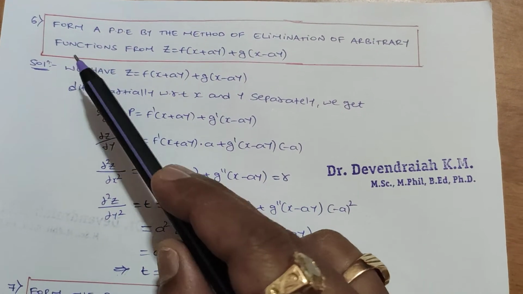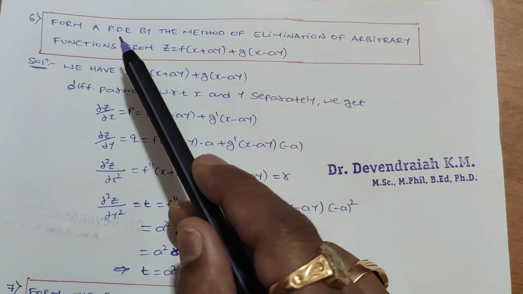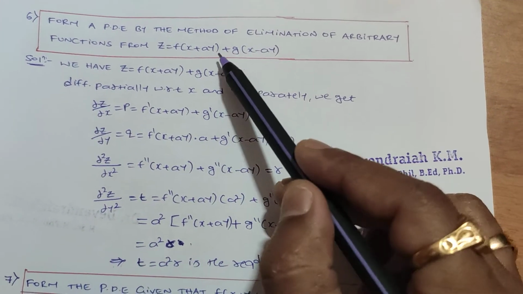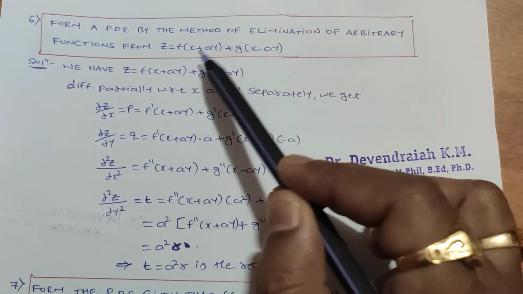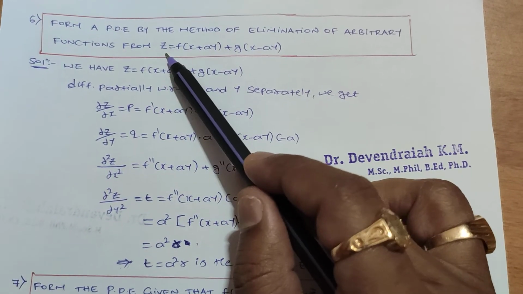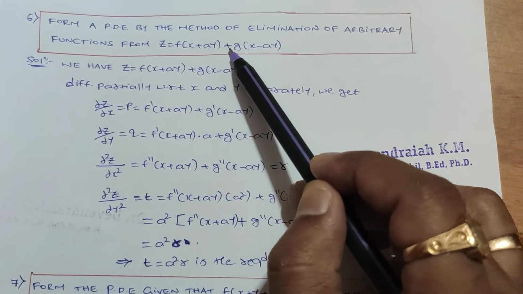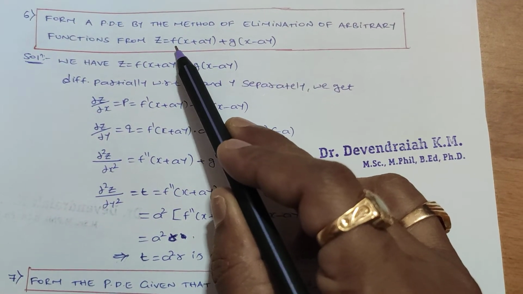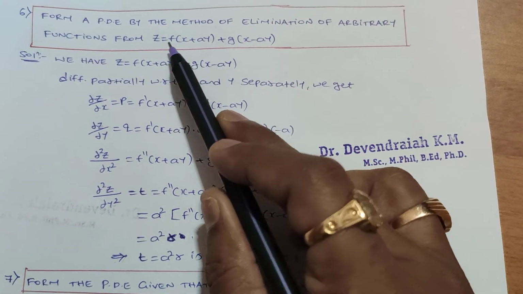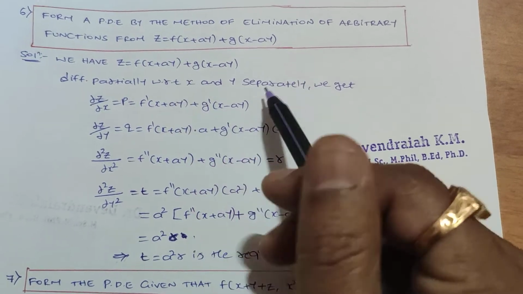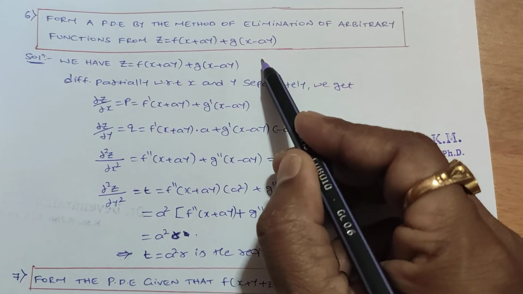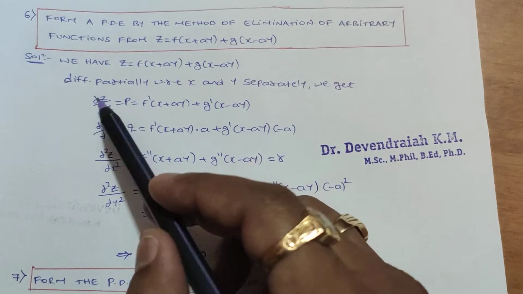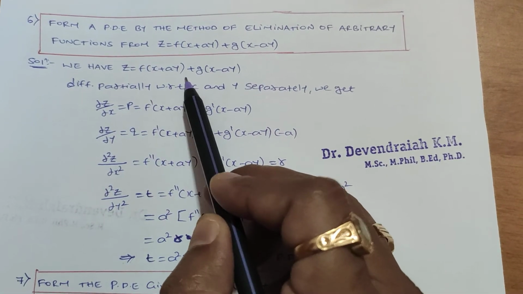Now observe the sixth problem. Form a partial differential equation by the method of elimination of arbitrary function from z equals f of x plus ay plus g of x minus ay. So here we need to eliminate the arbitrary function from the given equation. Consider the given equation. As we know the procedure, differentiate partially with respect to x.